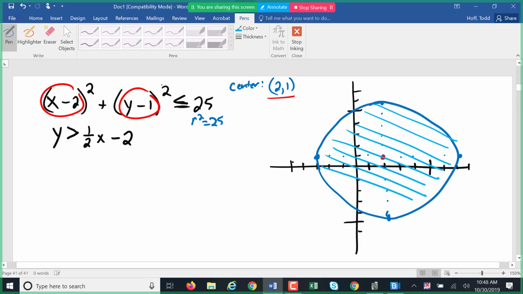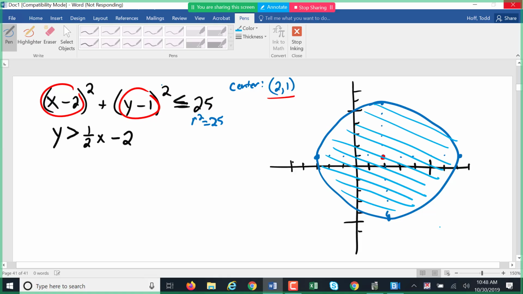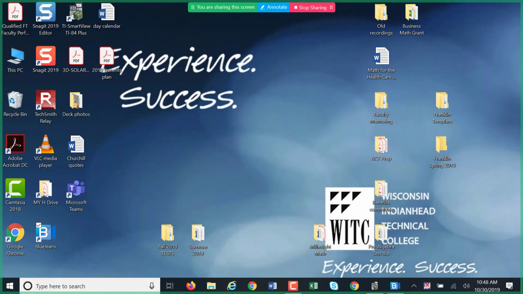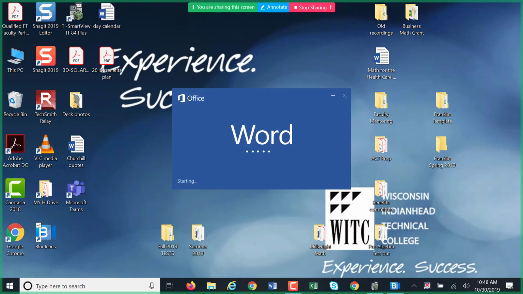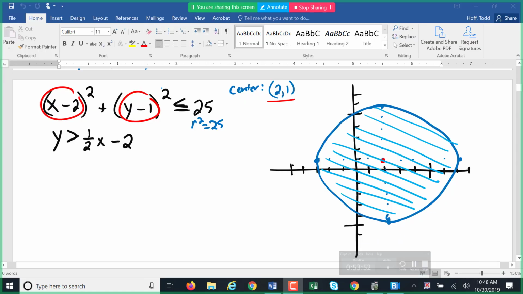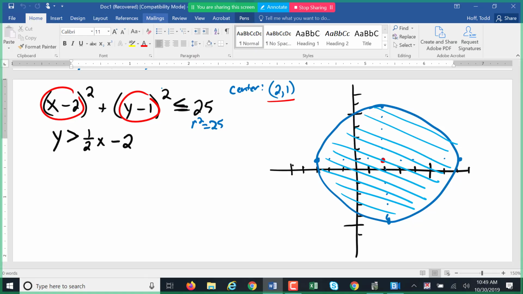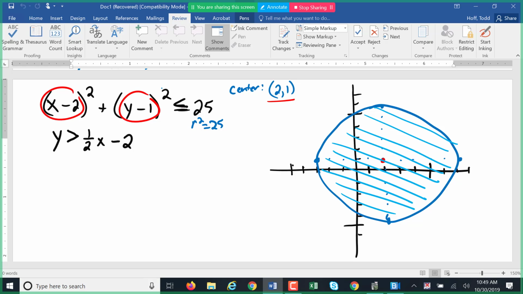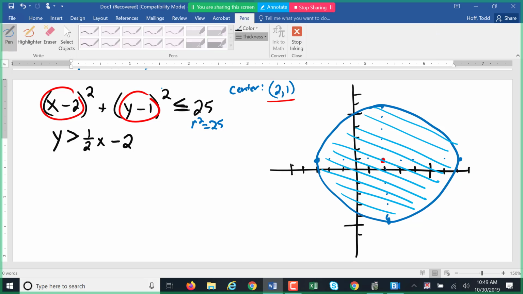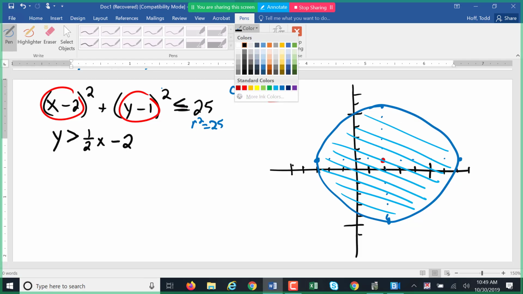So we shade the center of the circle. So we've shaded inside the circle.